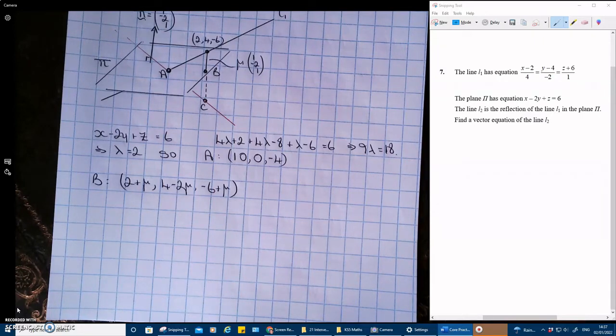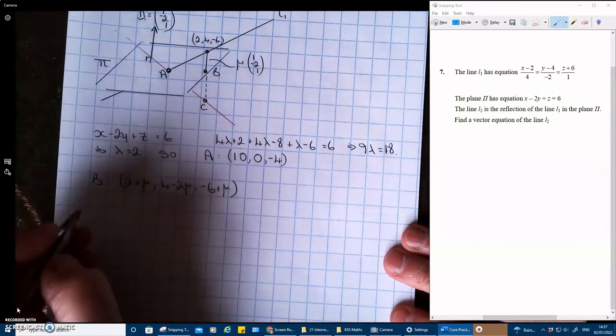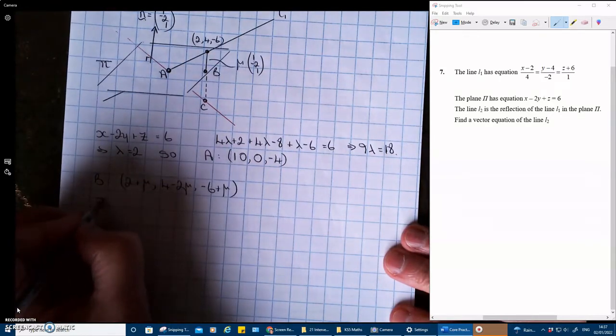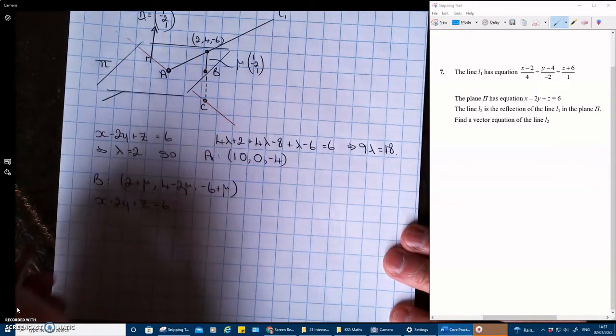I know it lies on the plane, so if I substitute that in, I should be able to find mu. So again, I know that x minus 2y plus z equals 6.